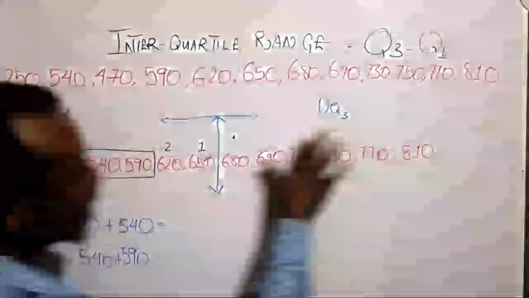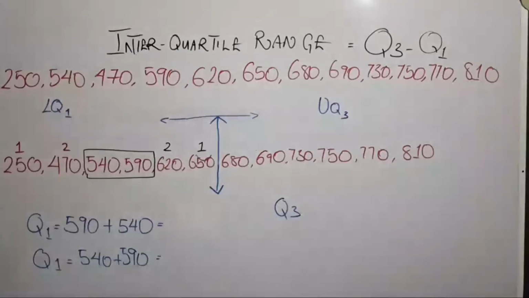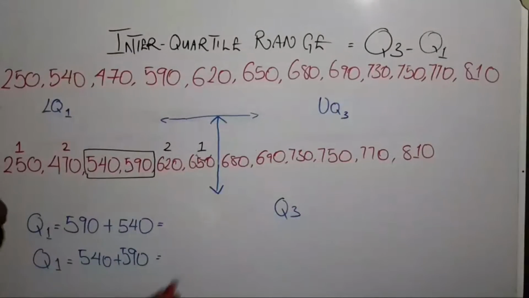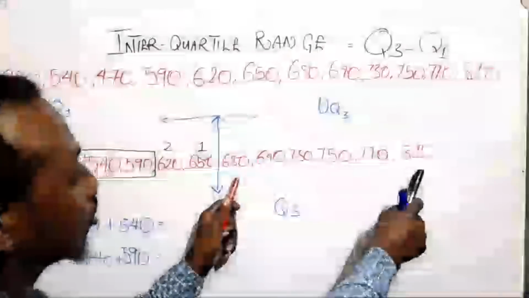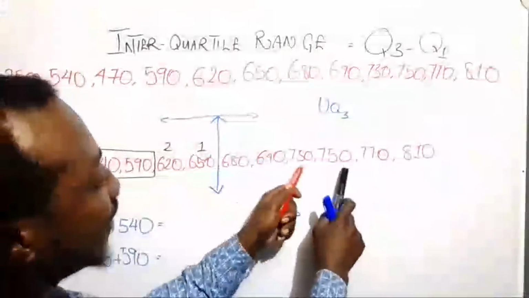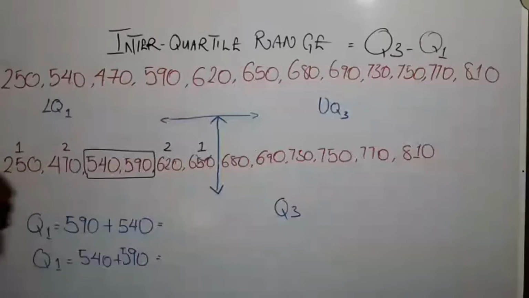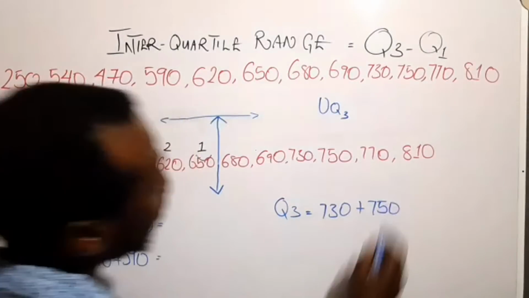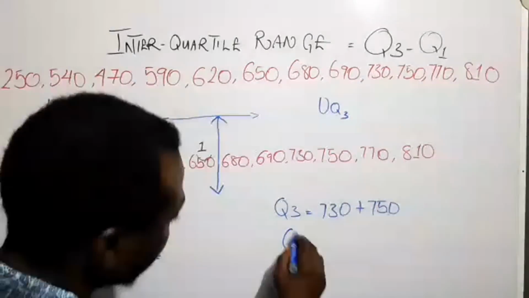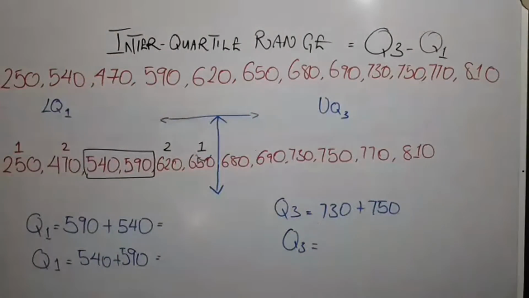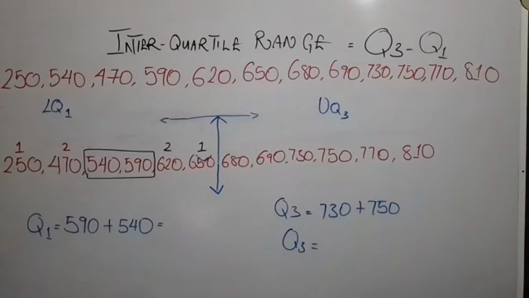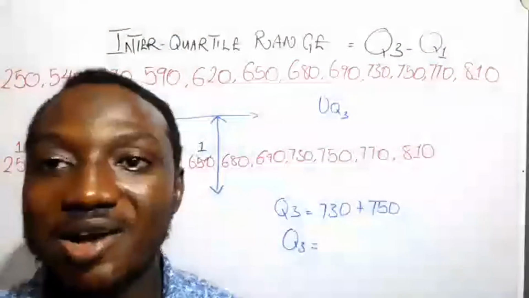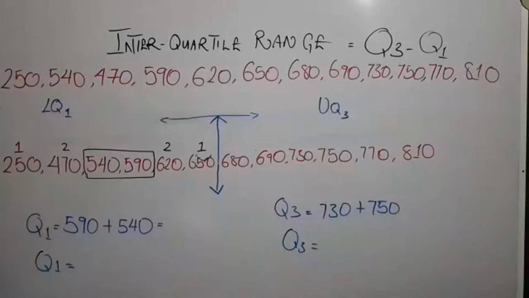There's no need for us to count now, I think we've passed that level. So for Q3, we take it from here: 1, 2, 1, 2. We are left with 730 and 750. So we have 730 plus 750. So Q3 equals what? It's not the answer yet. What is our Q1 and what is our Q3?